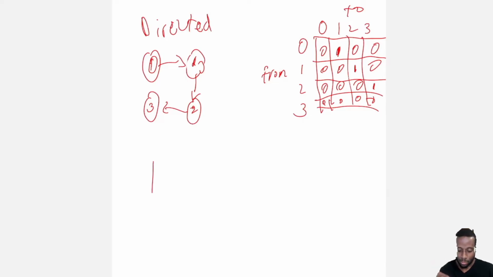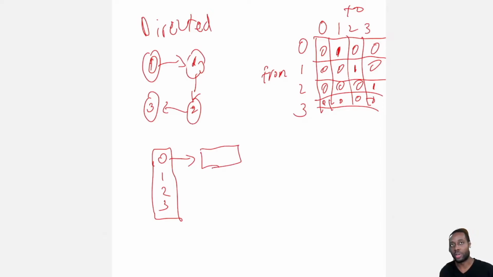Very similar to the other one, it's kind of the same logic. We have nodes 0 to 3, pointing to. We can go from 0 to 1, so we're gonna put a 1 in there, and that's the only one you can get to.